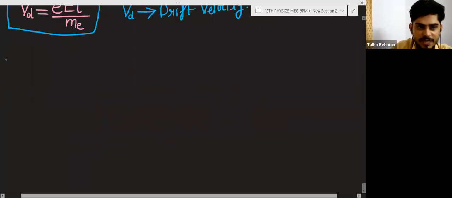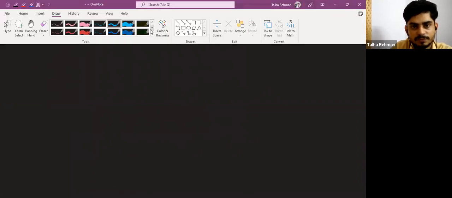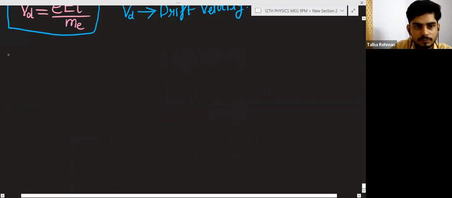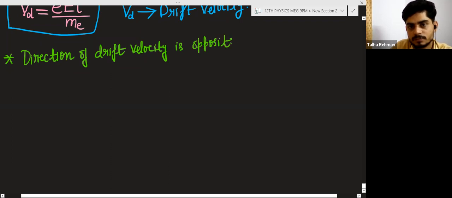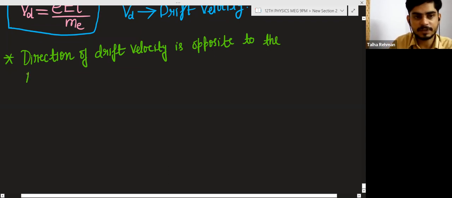So see here, we have drift velocity. So write one note. Write like this: direction of drift velocity is opposite to the electric field.